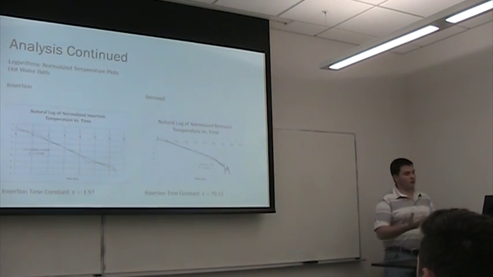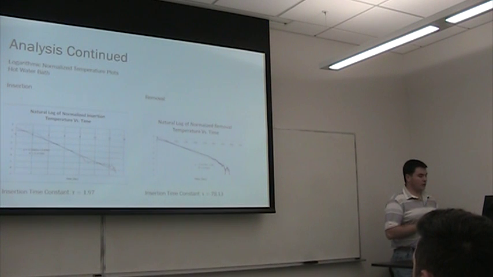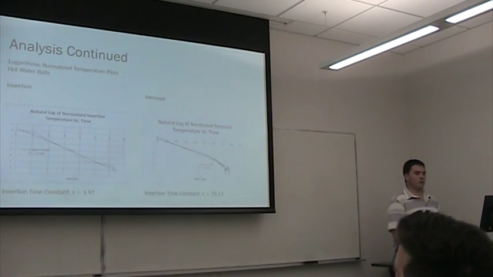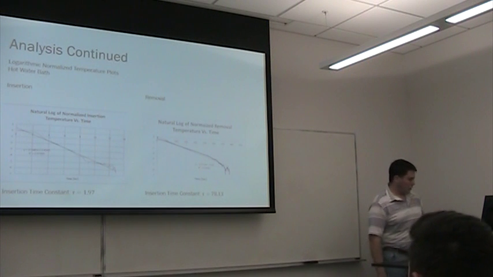If we take the inverse of that slope, we should get our time constant for the thermocouple upon insertion and removal. The insertion time constant is 1.97, whereas the removal time constant is 78.13, which is something that we should expect. Our R-squared values are 0.97 for insertion and 0.96 for removal, which means our linear trend line characterizes the measured values well.